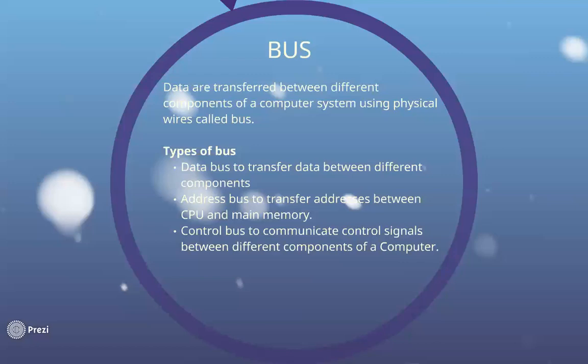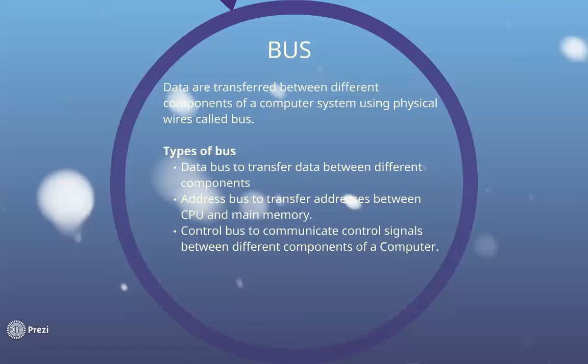Control bus, what it does is, if I've given a print command, it will send a signal to the printer to get ready, and it will check whether the printer is on, paper is there, cartridge is there. After sending the signals, control bus is taking care of all these things as well.